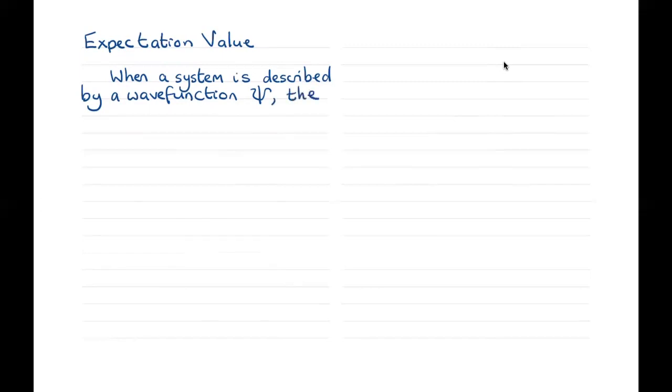Then the average value of some observable, it's called the observable omega, is given by the quantity which we call the expectation value.